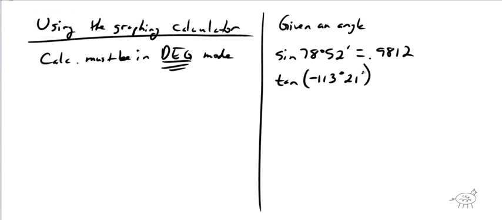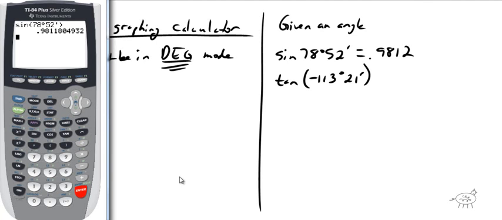Now let's do tangent of negative 113 degrees 21 minutes. Just because it's negative is no big deal, and since it's tangent, it's really nice because you just type it right in your calculator. Sometimes people get thrown off by the negative. If I'm finding one of the trig functions of a negative value, you just type the negative in. You don't deal with anything differently.